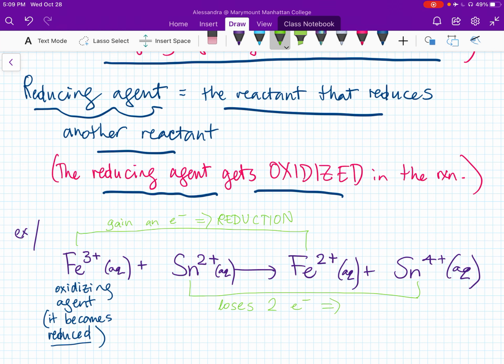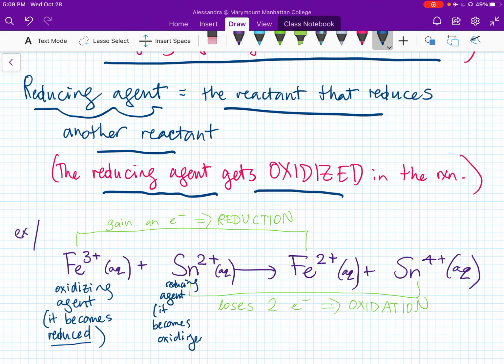That means that tin is being oxidized. So this is undergoing oxidation. So that means looking at the reactant Sn2+, this must be the reducing agent. The reducing agent becomes oxidized over the course of the reaction.